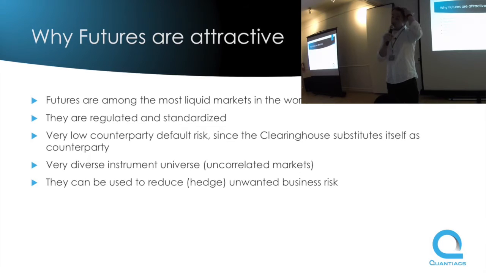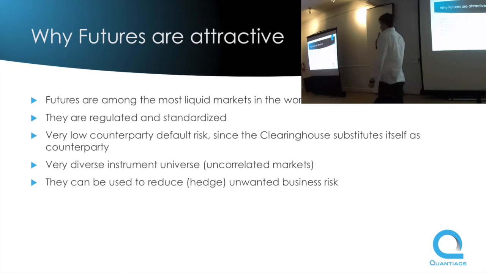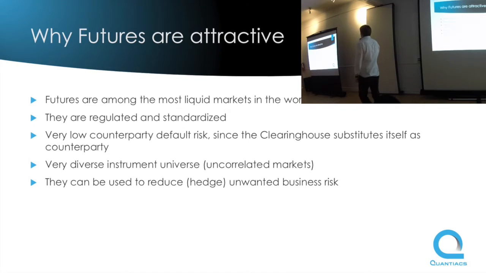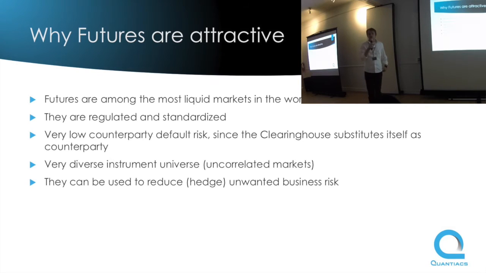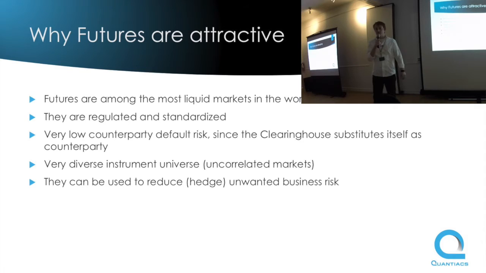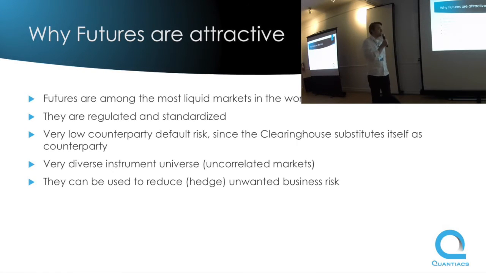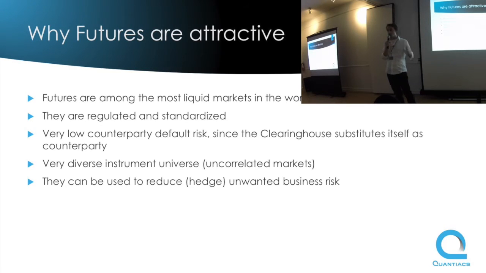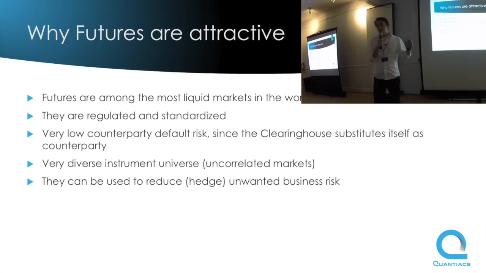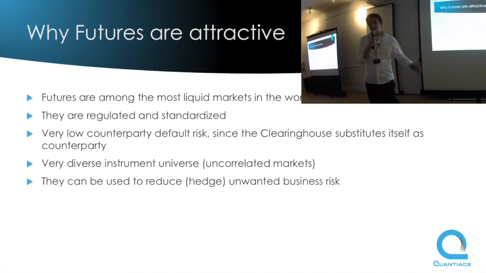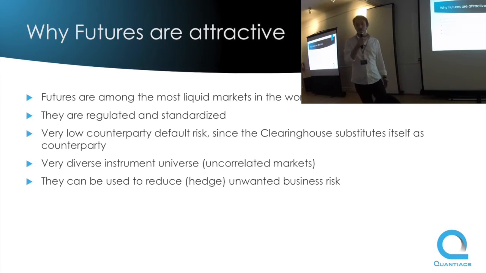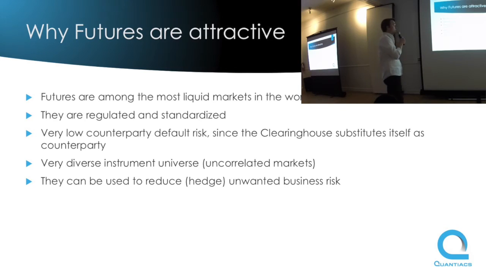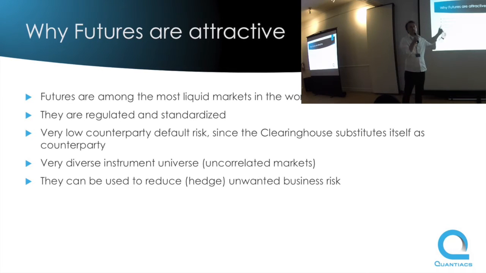Okay, then another advantage, another practical advantage of futures is that today there are very diverse instruments that are already covered by futures. So you have futures on foreign exchange markets, you have futures on agricultural commodities, you have futures on metals, on energy, on interest rates, on stock indices, on very diverse instruments, which leads to uncorrelated markets.